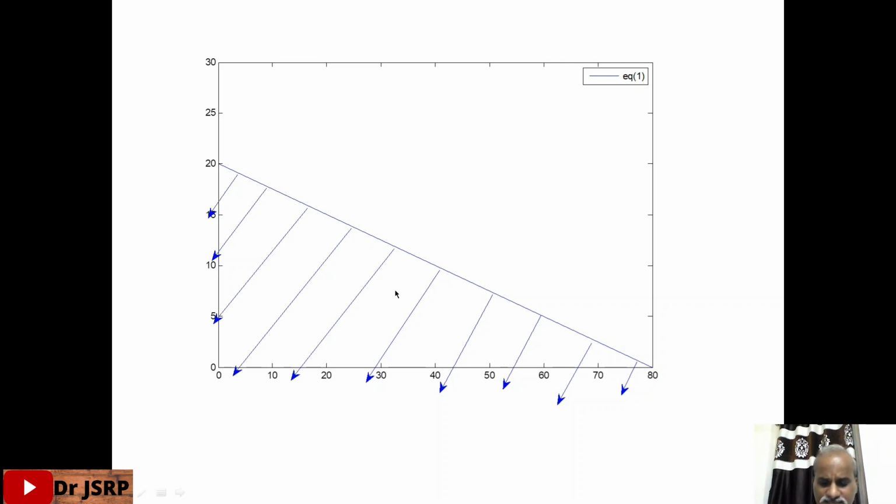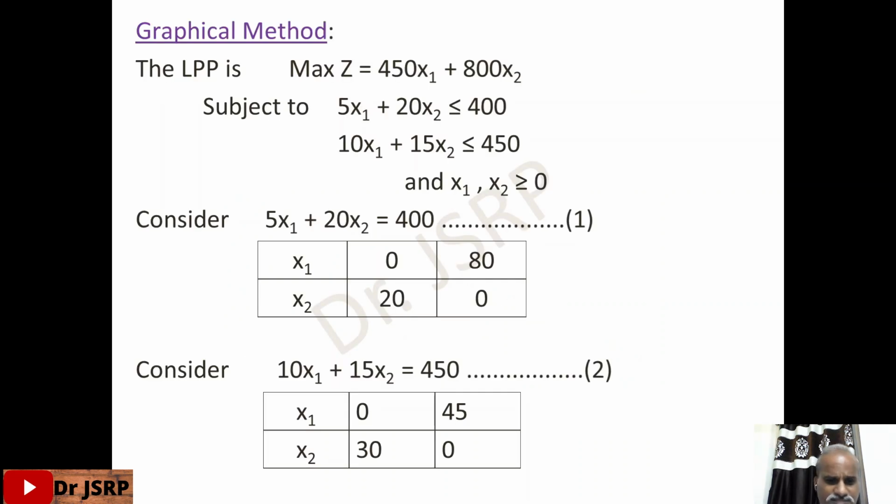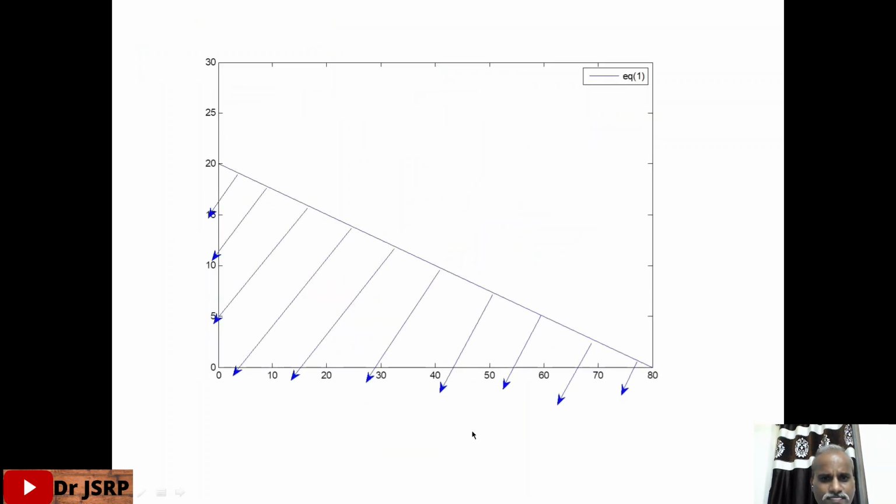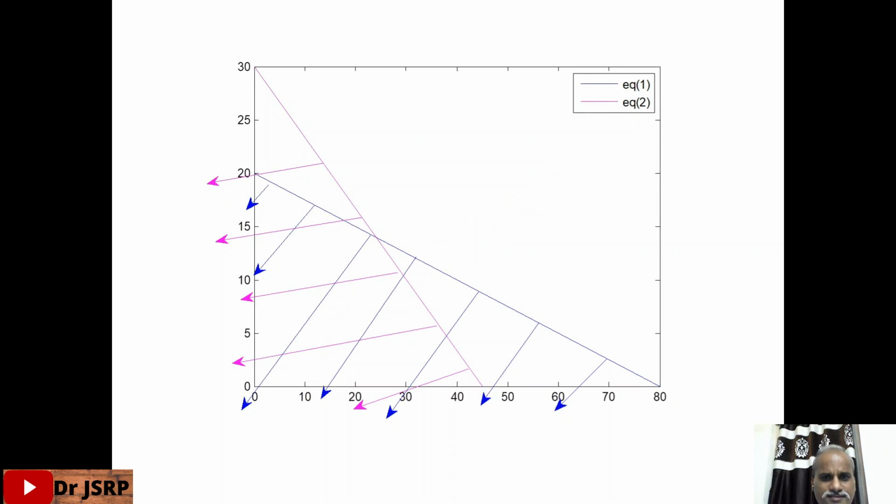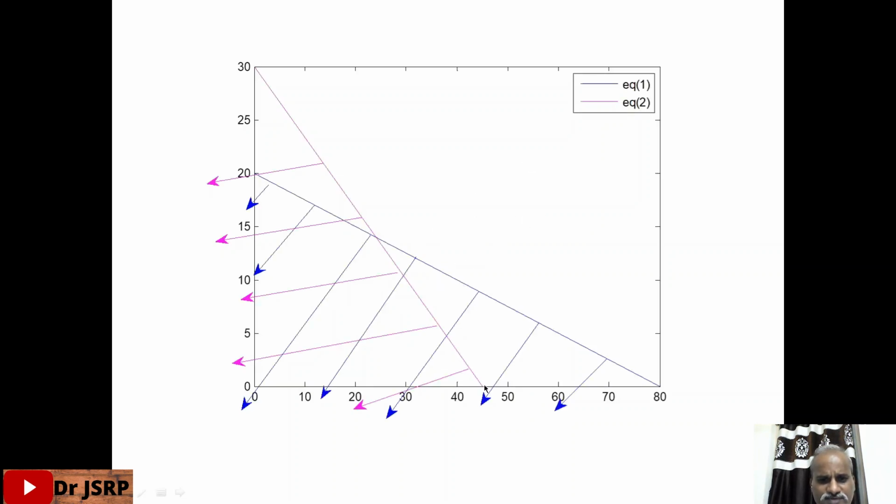Similarly, draw the second inequality. What is the second line? The first point on the y-axis is (0, 30), and the second point on the x-axis is (45, 0), between 40 and 50.